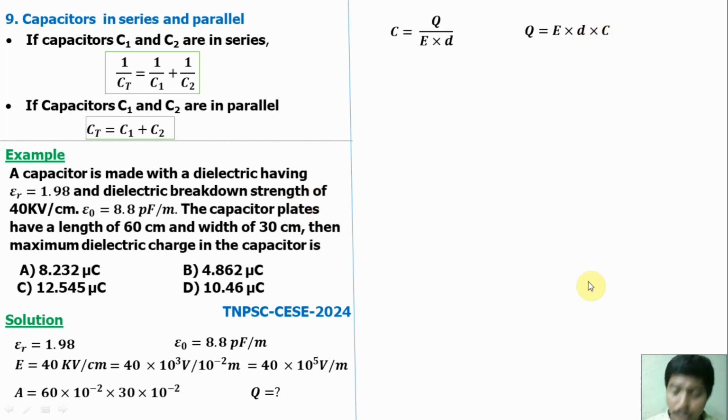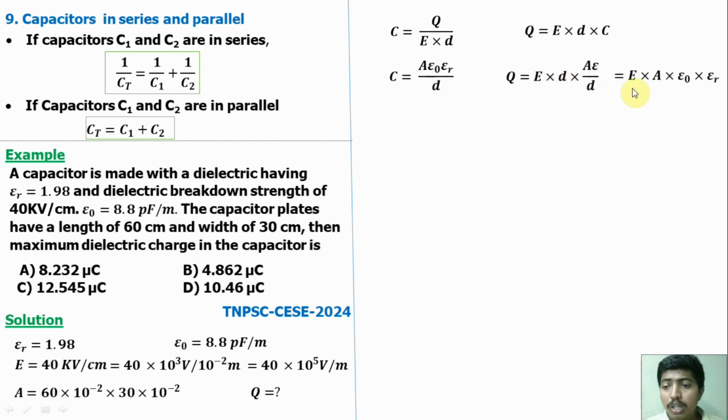Capacitance is not given, so we have to find capacitance is equal to A epsilon by D. A value is given, D value is given, epsilon naught is given. Substitute these formulas in this equation. Here D will cancel. You will get the final one: Q is equal to E into A into epsilon R.